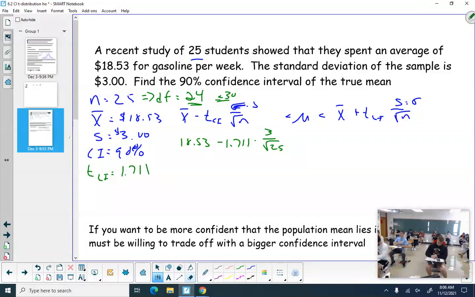Now remember, this is square root of n, so we don't go square root of the degree of freedom. That's a common mistake. We still use n up here when we do our calculations. Degree of freedom just allows us to find the value in our table. This is square root of n here.